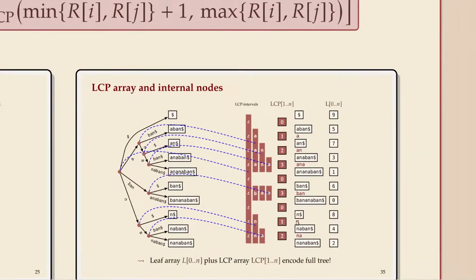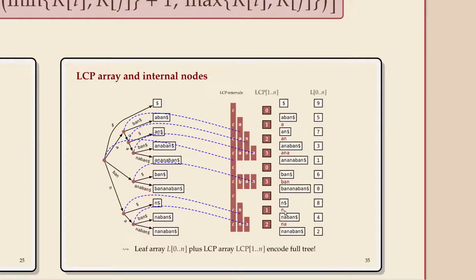Now, what I'm saying here is, suppose we want to find the longest common extension in banana ban. Again, let me write this again. So let's pick the same example.